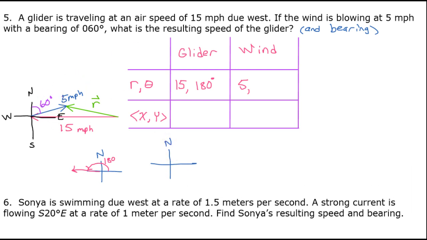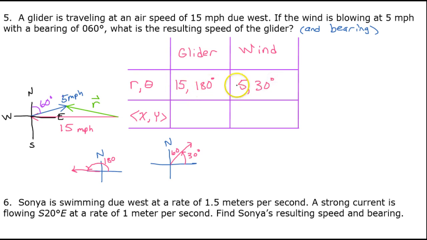So here's north, and our wind is blowing in such a way that it's here in the first quadrant, and this angle way up here is 60 degrees. But the direction that we need for the chart is the good old direction measured from east. So if this is 60, then this angle, the reference angle here, must be 30 degrees. So that's what we need for the direction of the wind.